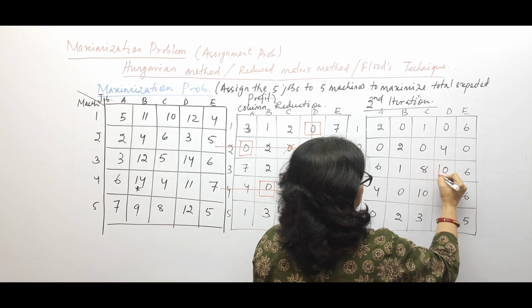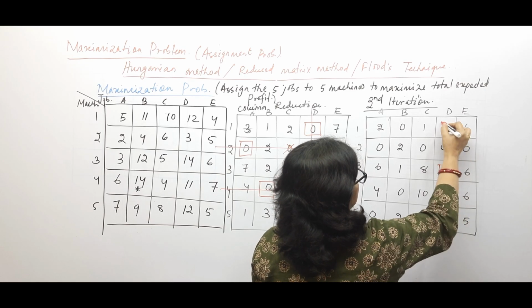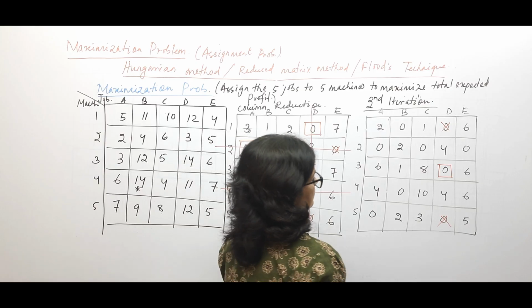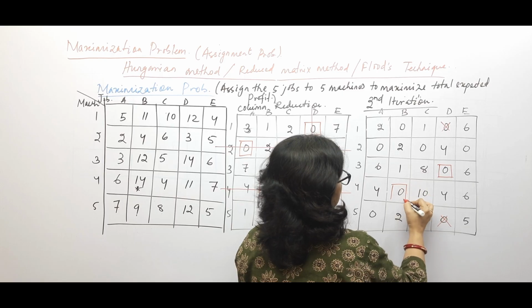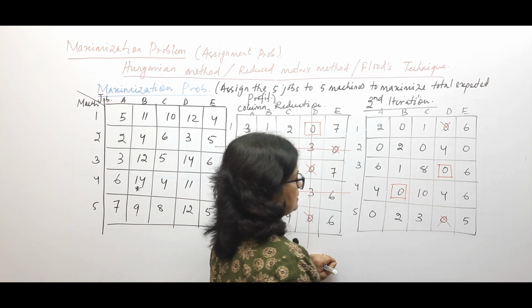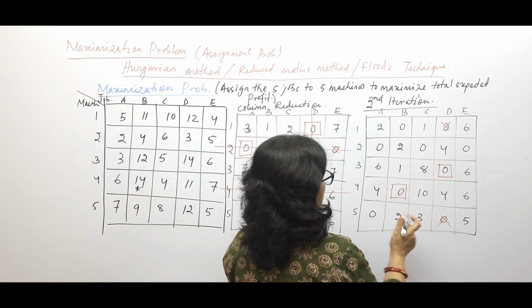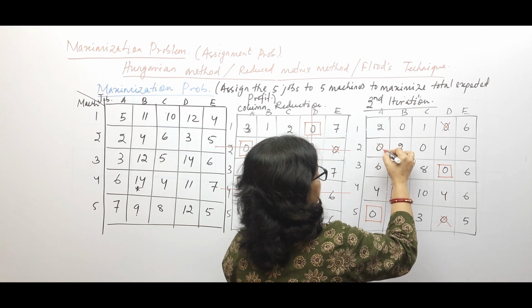So we can assign here, but we need to cross this and this. Then the next step is we need to see each row. Here we are having 1 zero. Let us assign this one. Here also 1, because this is crossed. So we can go for assigning this one. If we assign this one, then we can put a cross here.